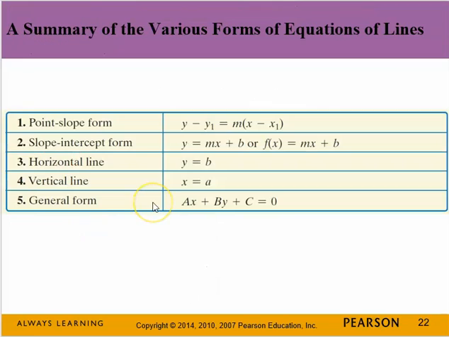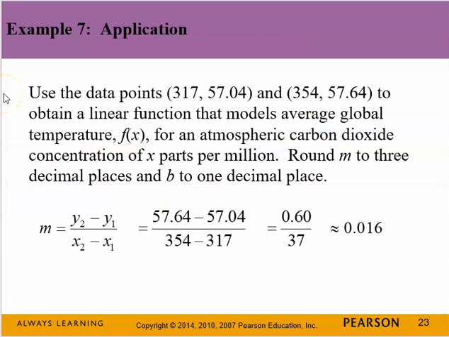This slide just goes over the various formulas that we've mentioned already, and then now on to an application where they're taking example 7, 2 data points, finding the slope, then taking this slope, putting it into the point slope form, and they'll want the slope to 3 decimal places, which they have here, and eventually the b value to 1 decimal place.